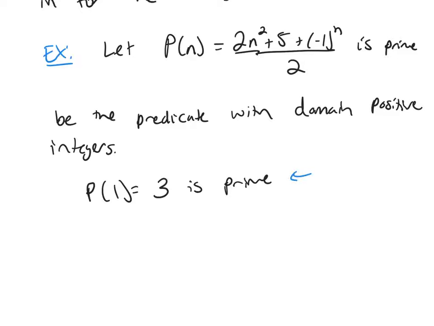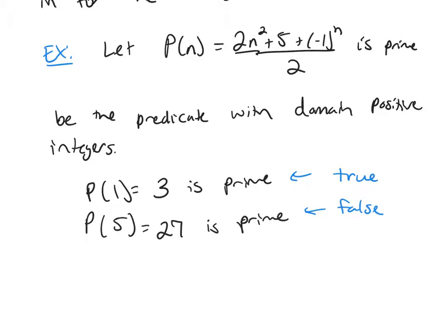So this is a statement now, and this statement is true. If you plug in a different number, let's plug in 5, and simplify that, the number you should get is 27. It says 27 is prime, and in this case, it would be a false statement.